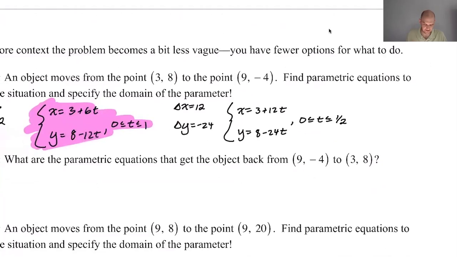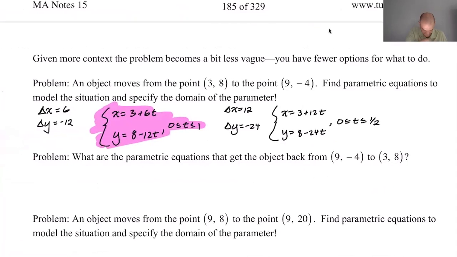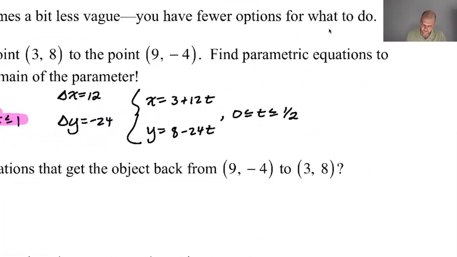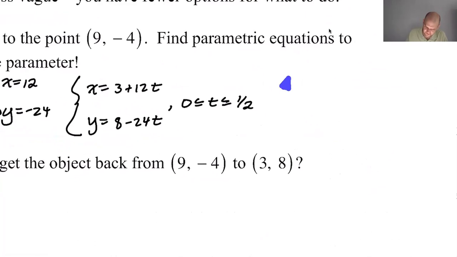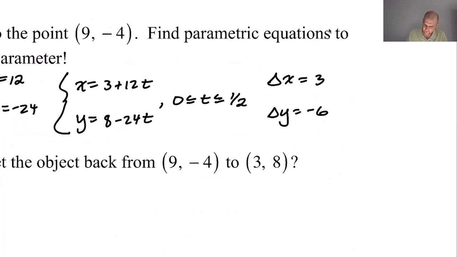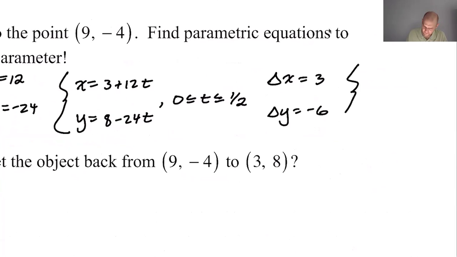If I cut delta x in half, so if I say delta x is 3, so I'll do this. This is the last one. Delta x, delta y. If I say delta x is 3, then delta y is going to be just negative 6. And my equation is going to be 3, 8.